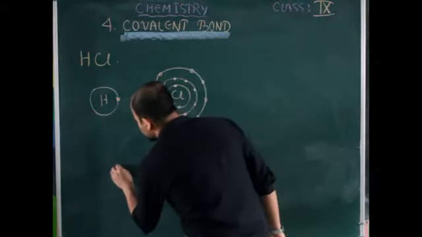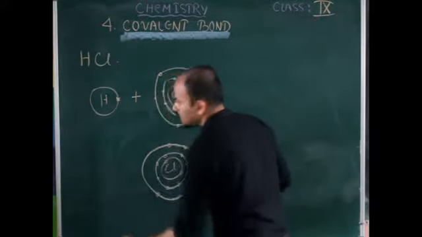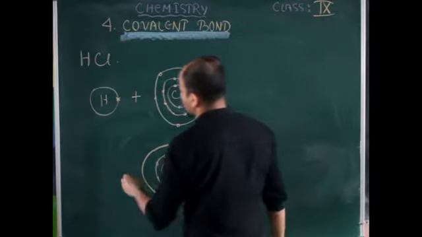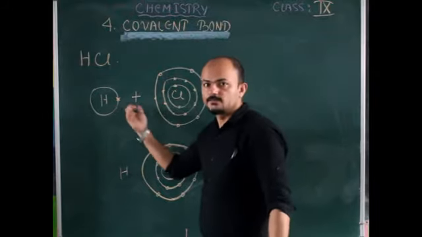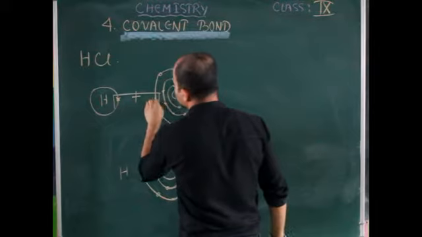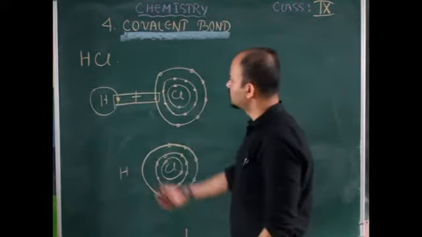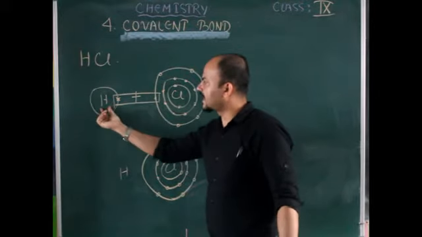Now hydrogen has a single orbit and it has only 1 electron. Whenever these two come together, they undergo sharing of electrons. Once these electrons are shared, this electron is with this hydrogen as well.